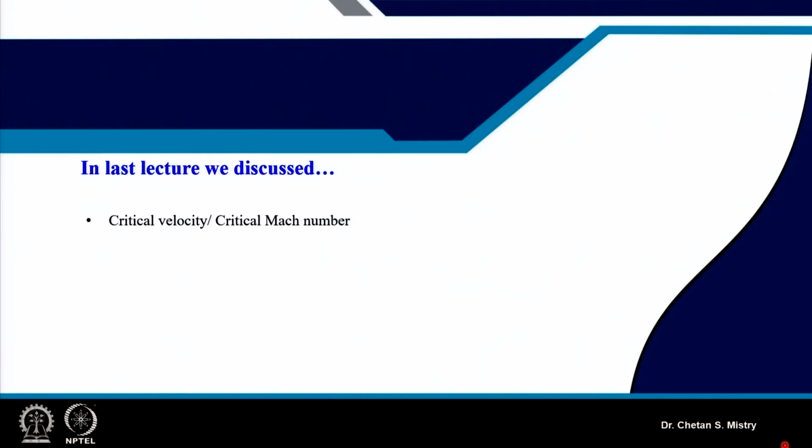In last lecture we started discussing an important parameter that we have defined as the critical velocity ratio or critical Mach number. We realized the operating temperature for the compressor and for the turbine are different.